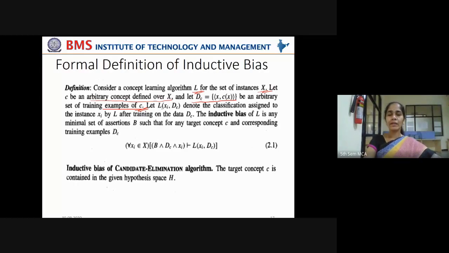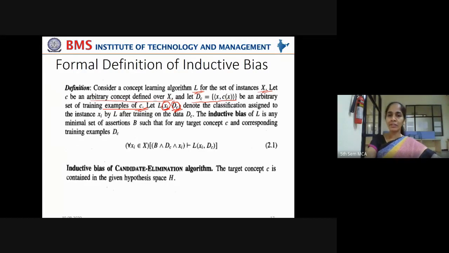Now let the learner predict a new instance xi by learning from the training examples DC. Let L of xi, DC denote the classification assigned. Now this new instance, by learning from these training examples, is predicted as yes or no, right?